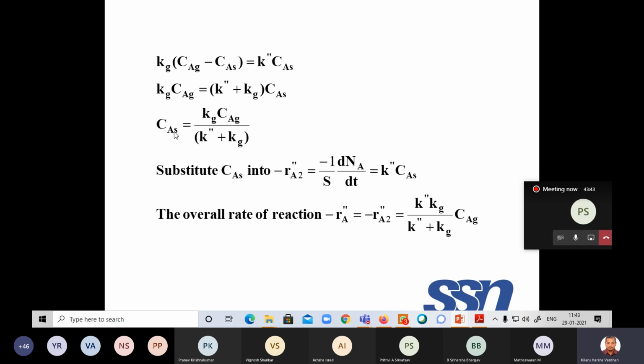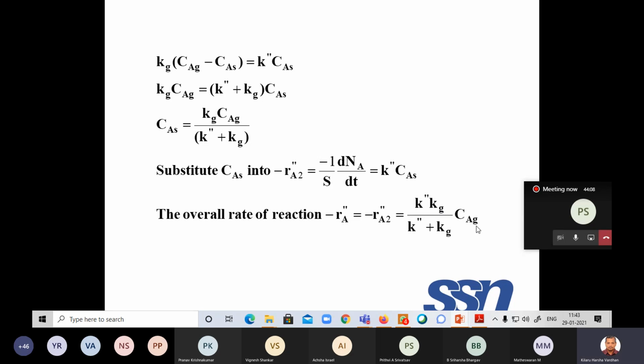If you substitute this CAS, then what will happen? -Ra prime is equal to k prime into kg divided by (k prime plus kg), into CAG.